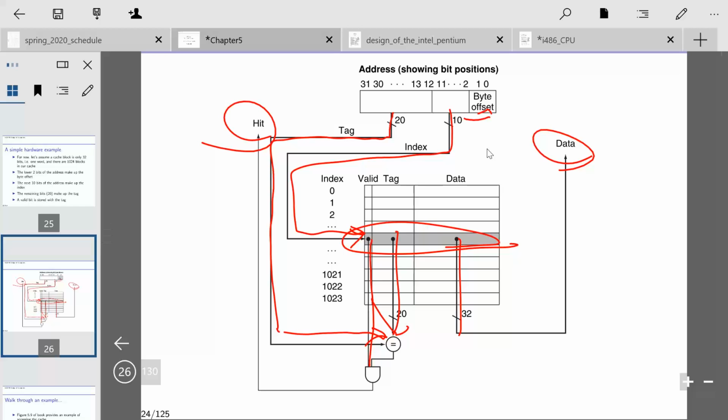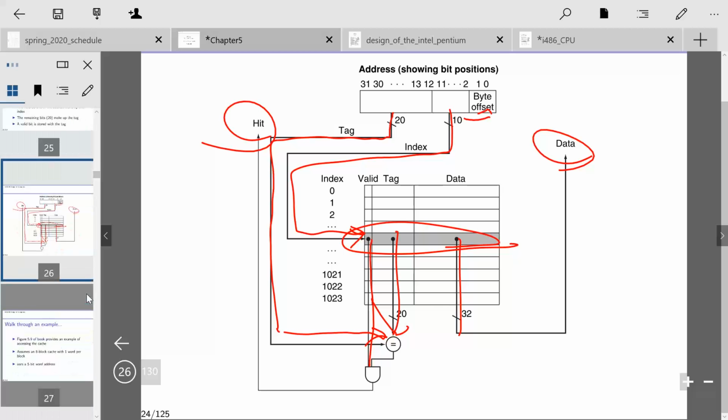If either the valid bit was not set or the tag didn't compare, then we have what's called a miss. The microprocessor will stall and wait for the data, and the cache controller will go out and retrieve the data.